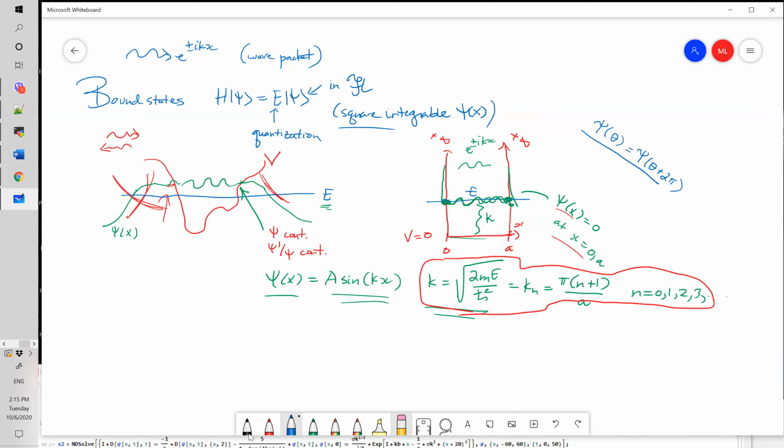This is like having fixed versus periodic boundary conditions, right? It's a similar kind of boundary condition. It sets up a constraint, right? So you can compare this periodic condition versus our case where we set psi at 0 and A equal to 0.